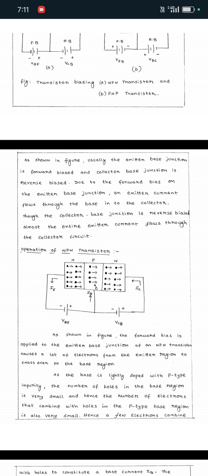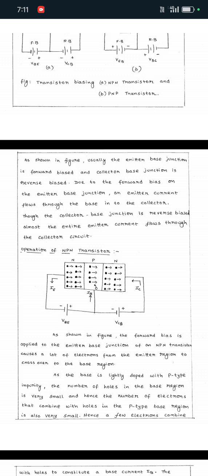So the negative terminal of VBE and the electrons in the emitter side N region repel each other, and the electrons move towards the base region.